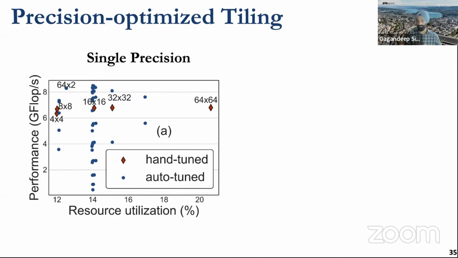If you see, we have completely different trade-offs for different window sizes. The auto-tuning finds 64:2 as the best window size, rather than something like 8:8. That's how we show these hand-tuned results can be really suboptimal compared to auto-tuning, where you use machine learning to come up with the optimized window size.